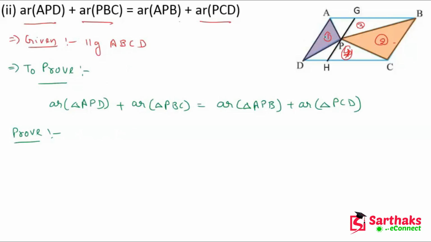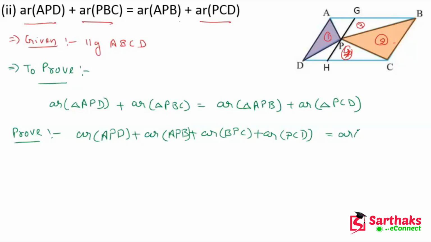So if we add the area of these triangles, area of triangle APD plus area of triangle APB plus area of triangle BPC plus area of triangle PCD, this is equal to the area of parallelogram ABCD. I hope you understand these things.